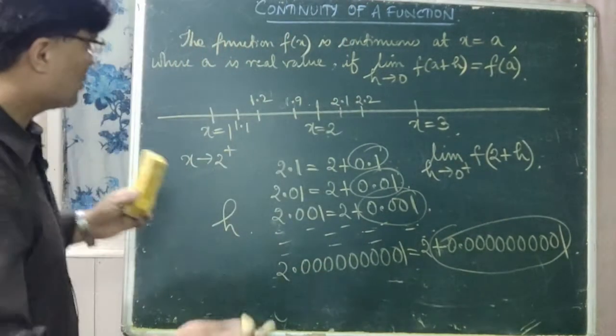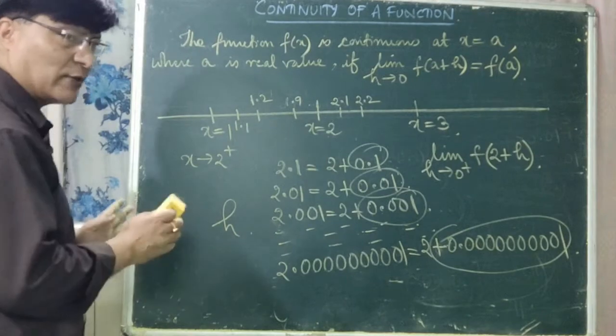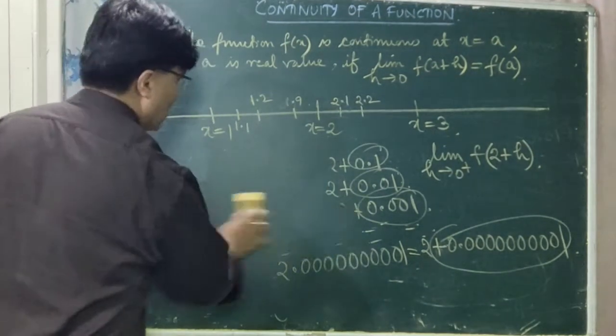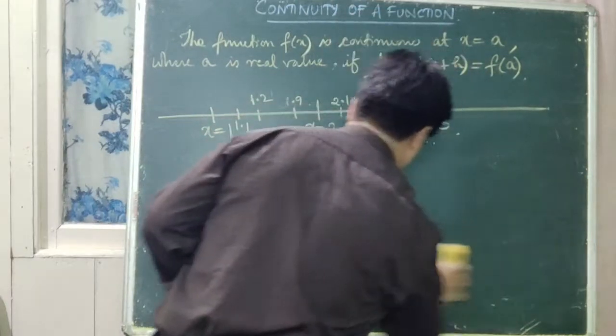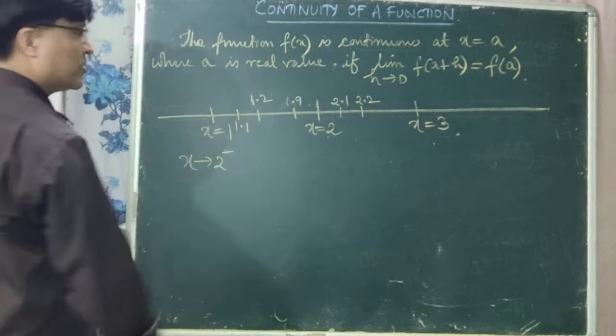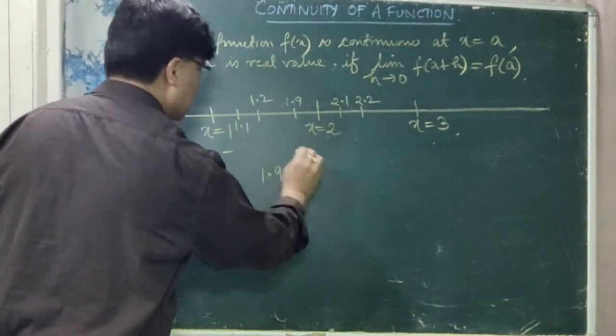Okay, so let us approach 2 from the left hand side now. I think you have taken the screenshot. So now x tends to 2 minus. Take 1.9, we are approaching towards 2, right?